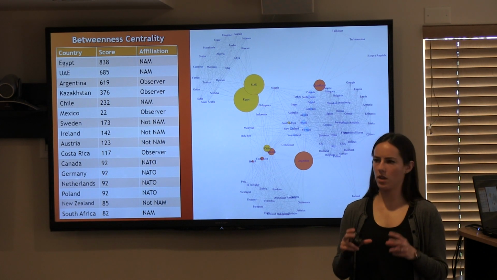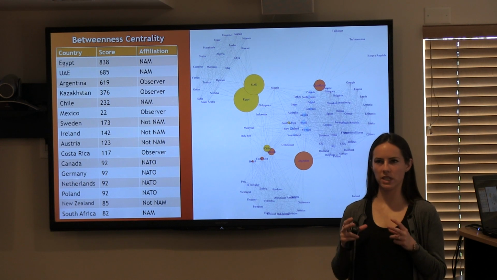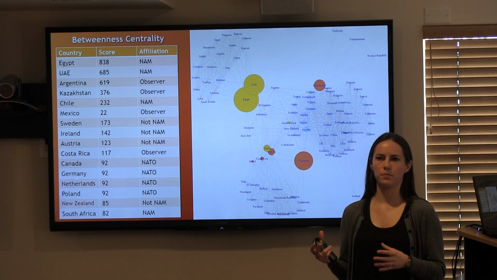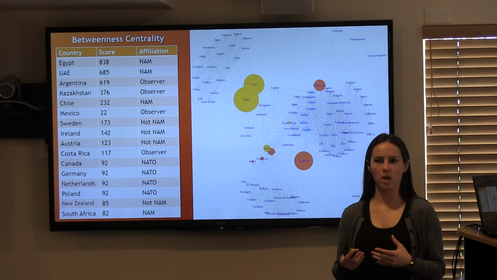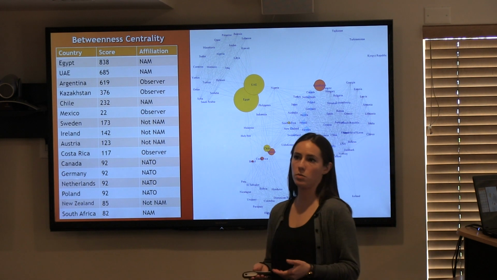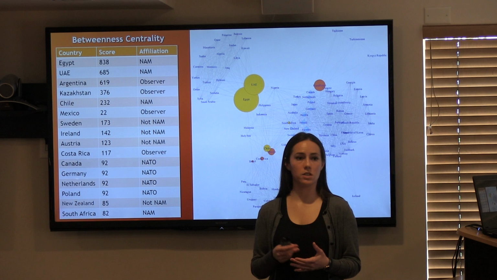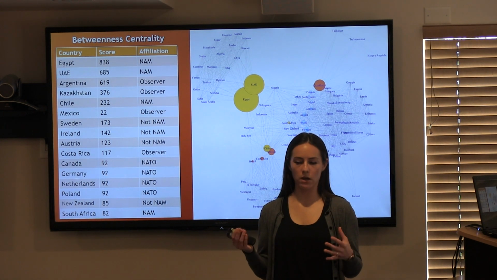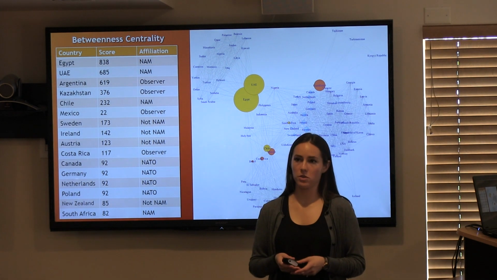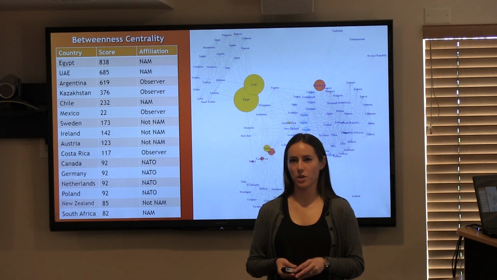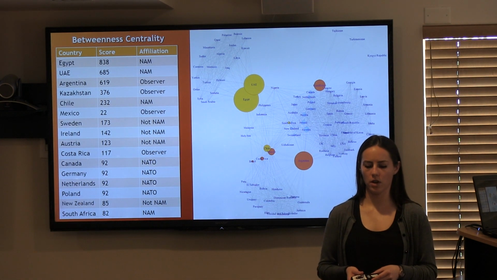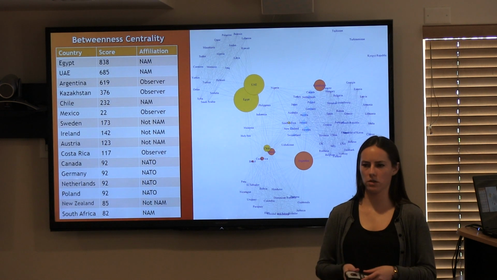So in thinking about brokerage potential, it definitely looks at potential, not necessarily what's actually represented in real life, but it could represent an underutilized potential. Maybe UAE should be used more as a facilitator or a connector with other delegations, and maybe that would suit the network better for collaborative work. So definitely, that's one of the things to take into consideration with the methodology: that type of weighting or real-life comparison of what's happening.